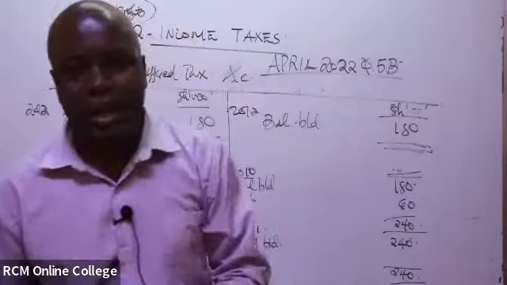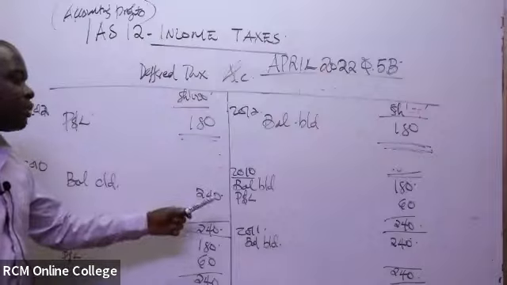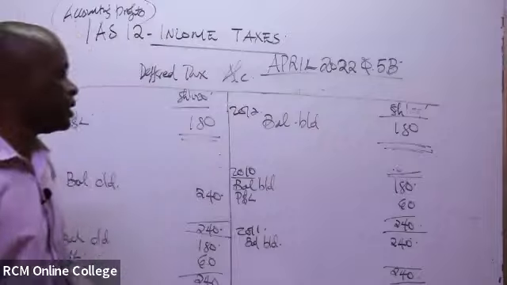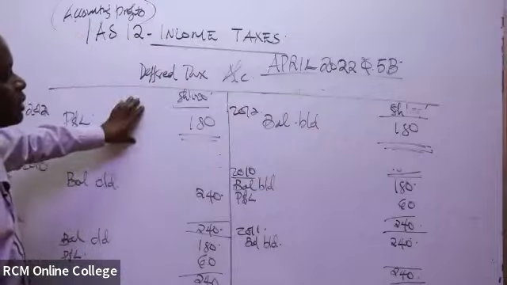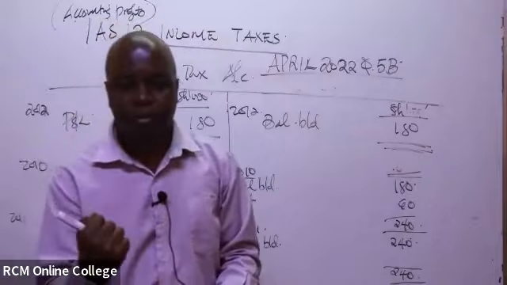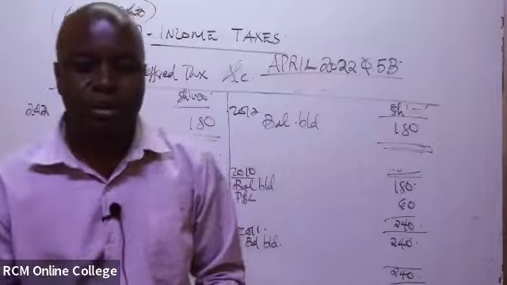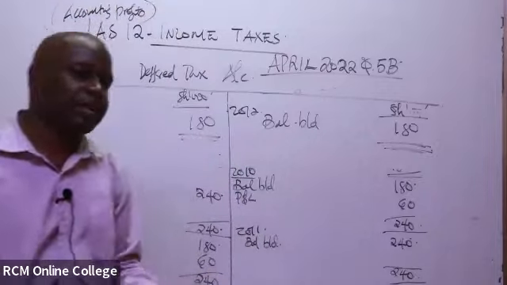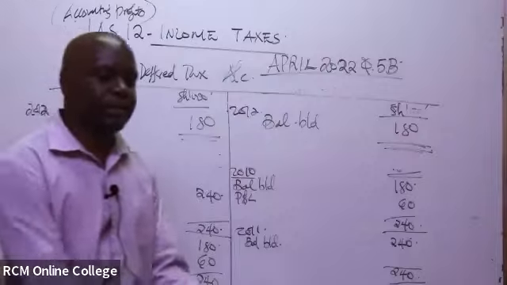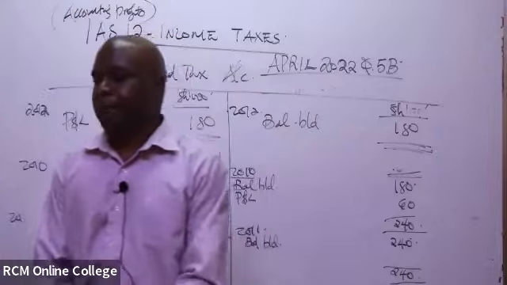It is the P&L account, which is here. So the difference, we close it in the P&L account. If there is a debit entry here, then in the P&L account it will be a credit entry. All credit entries in the income statement are incomes. All debit entries end up becoming what? Expenses. That is double entry.